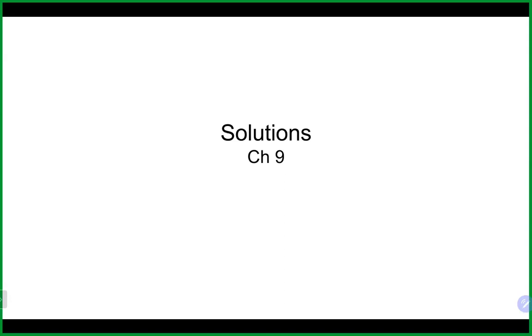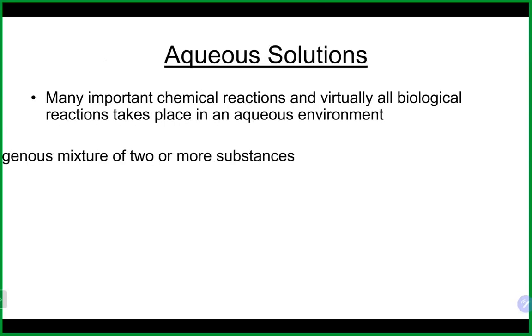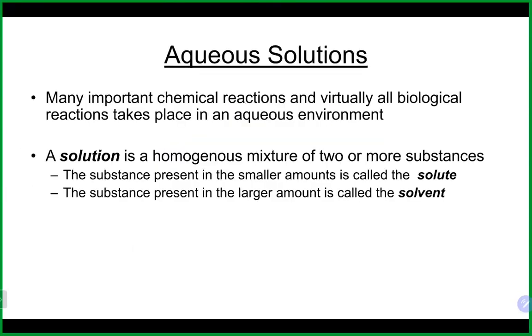So we're up to chapter 9, which should be, like I said, exam 3 material, and we're going to talk about solutions here. Solutions are aqueous mixtures, the ones that get the AQ symbol next to them.